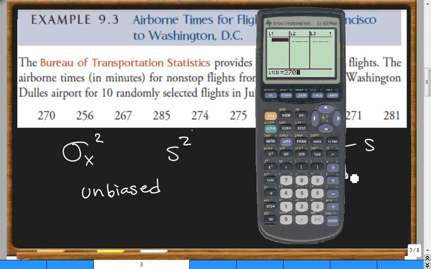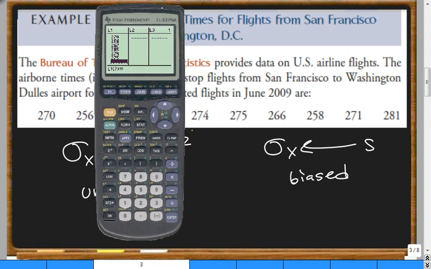So we get 270, 256, 267, 285, 274, 275, 266, 258, 271, and 281.